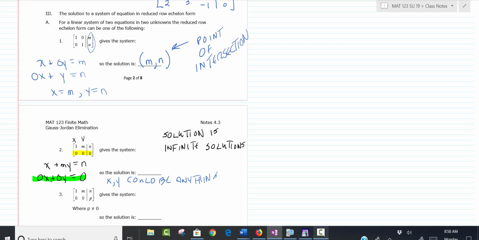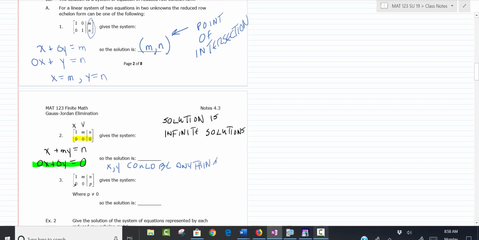All right. Okay, and then the next one, if you have a 0, 0, and then a number that's not equal to 0, then we say this is no solution. Now let me explain why. This first equation means x plus some number m times y equals n, but this will help you understand this. If you look at this bottom row here, that says 0x plus 0y equals p.